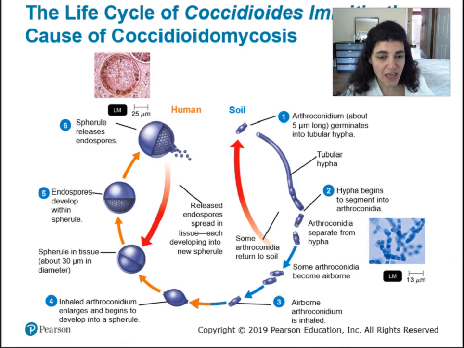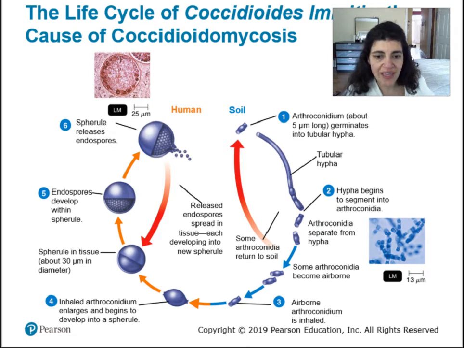And then those inhaled arthroconidia will enlarge and become a sphere, and these little spheres develop endospores, and those endospores grow inside the spheres, and then they're released. When the endospores are released, they can develop into a new little sphere and close the cycle, and it continues to happen. And then a new sphere makes more endospores, and they're spread out.